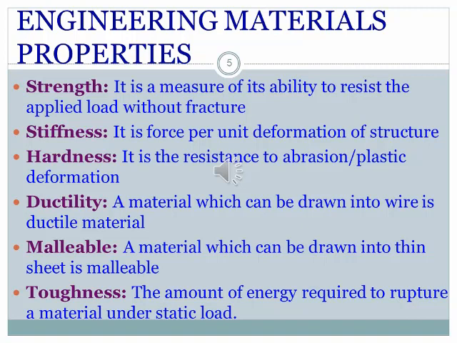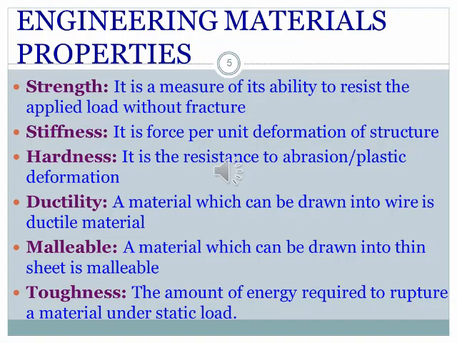Similarly, the next property is stiffness. Here it is the force per unit deformation of the structure. If the structure is getting deformed due to application of load, then it pertains to stiffness.